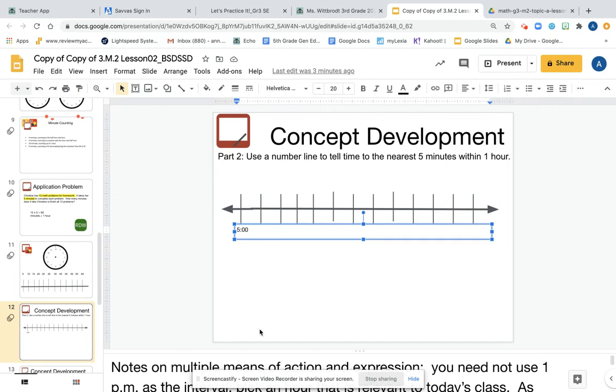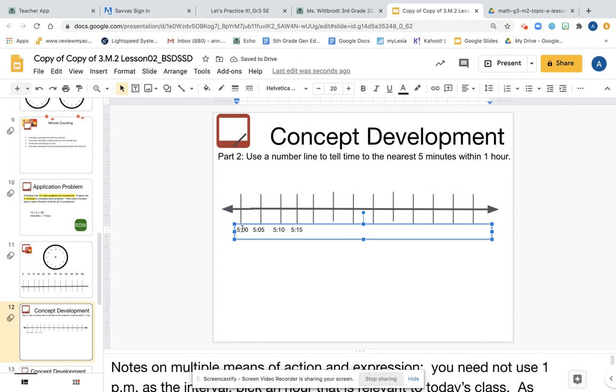Okay, so counting by 5s, we have 5 o'clock, and then on our next one, we'd have 5:05. Then we'd have 5:10. The next one, we would have 5:15. So it's just like I'm counting by 5s.